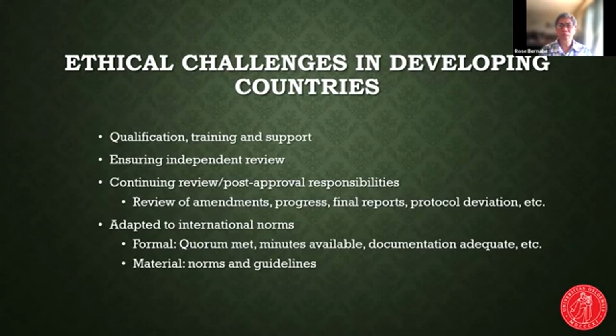We had one study wherein we saw that in some instances there were research ethics committees where the principal investigator was also a member of the evaluating ethics committee, and that is an obvious conflict of interest.